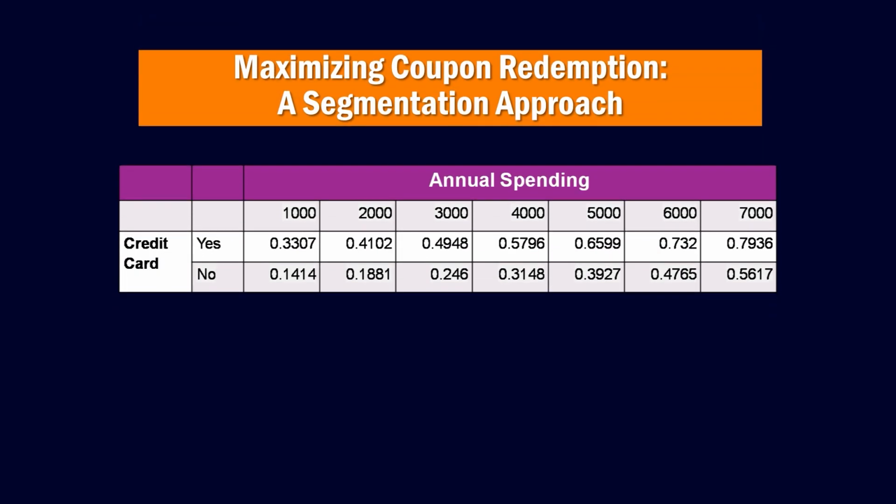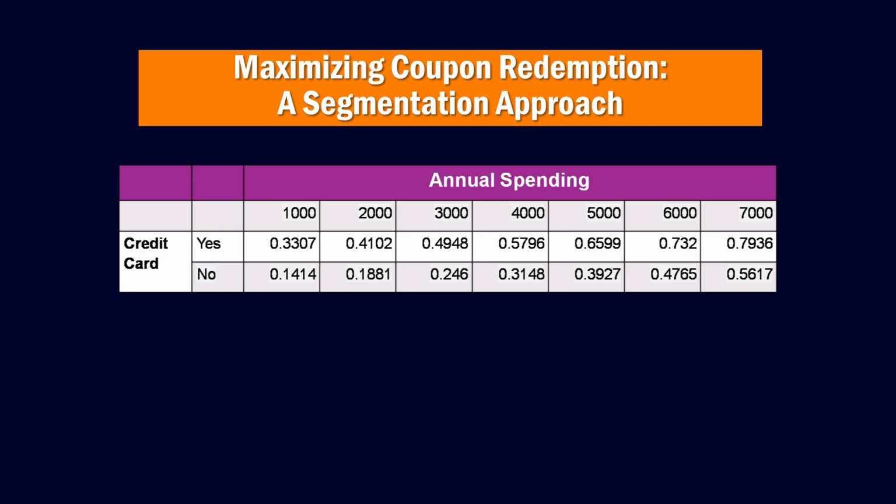So let's say Siemens has decided that we will give the catalog where the probability is more than 0.4. So we can see probability more than 0.4 for credit card, yes, comes after 2,000. 2,000 is 0.41, then for 3,000 it's 0.49 and so on.